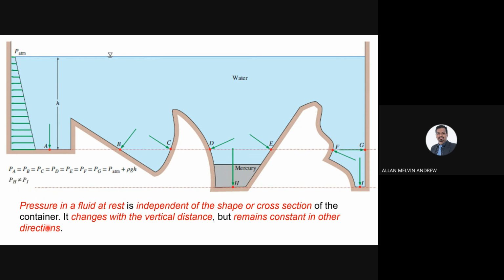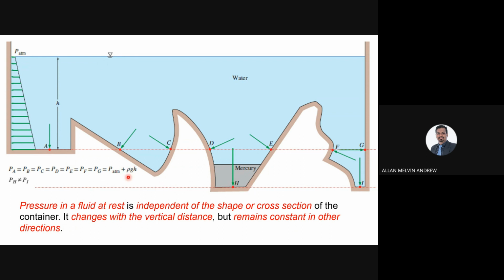So the pressure in a fluid at rest is independent of the shape or cross section of the container. That's why you see it's uneven. It changes with vertical distance. The important part is the distance from the surface, but it remains constant in the other directions. We just need to check whether it's the same material, because if it's a different material, the density will be different.